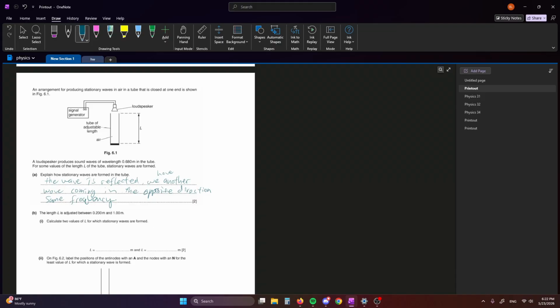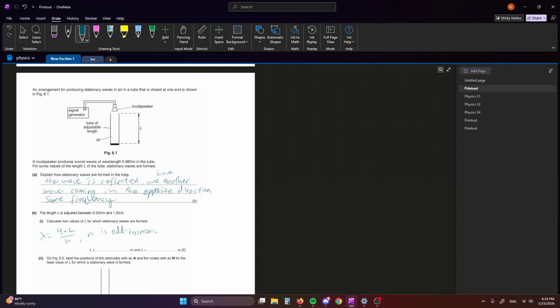So the length L is adjusted between 0.2 meters and 1.0 meters, calculate 2 values for L for which stationary waves are formed. Okay. So I believe the formula for this is like the wavelength is going to be equal to 4 times L divided by N, where N is the odd harmonic.